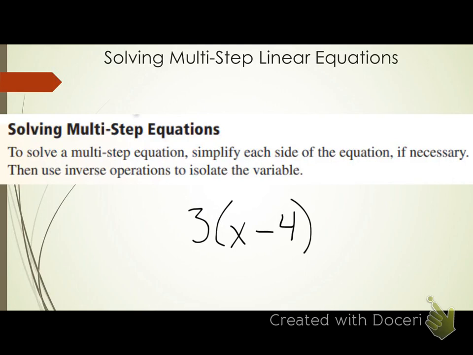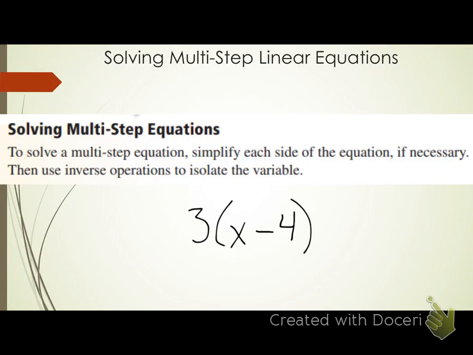If I've got a number or a variable times a set of parentheses, I would use what we call the distributive property. 3 is being multiplied by x minus 4, correct? Anyone remember distributive property and can tell me how to do this? Yeah, I'm distributing my 3 throughout the whole set of parentheses.